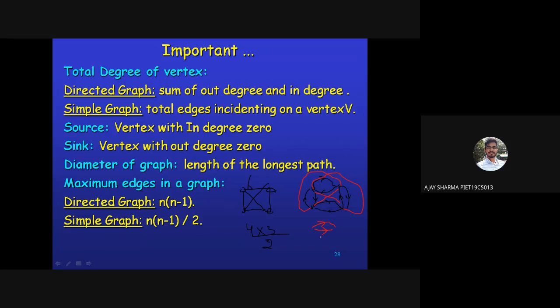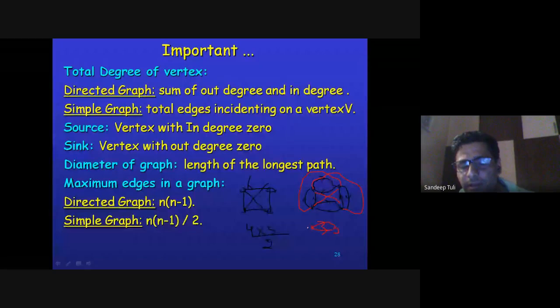It means, if we are taking only 2 vertices and the out degree of one vertex for another vertex is 2, then it is parallel edges. Out degree of this is 2 and this is 0. Yes. Okay. In same direction.